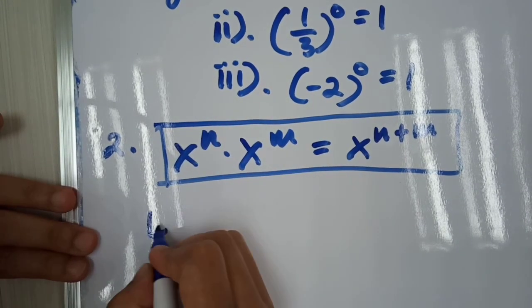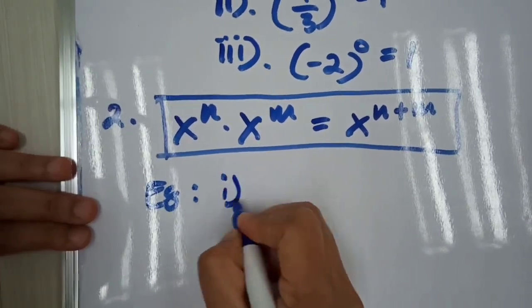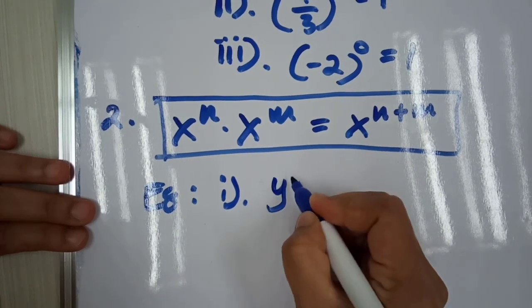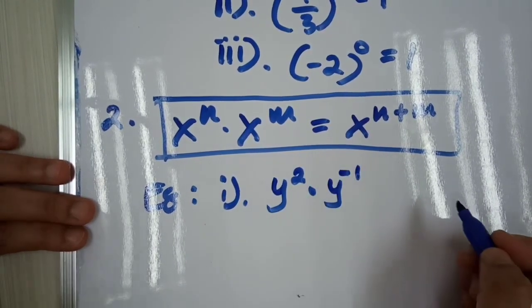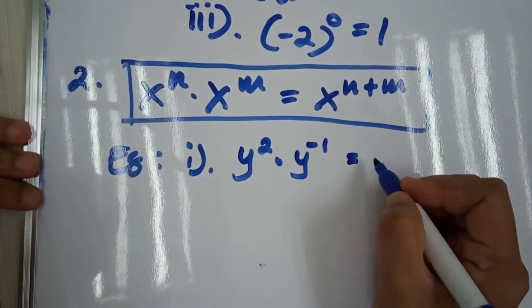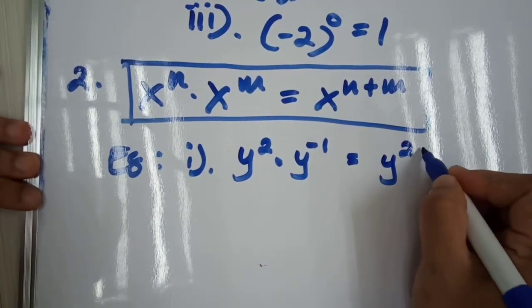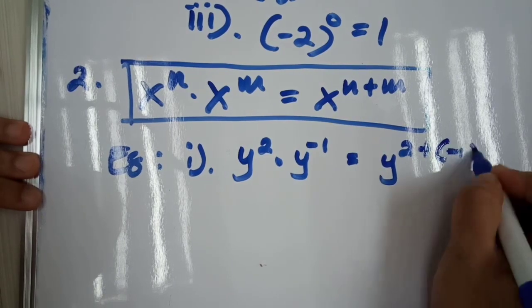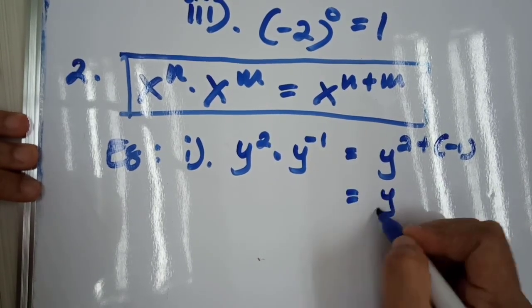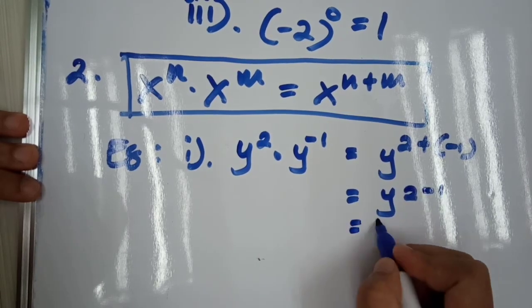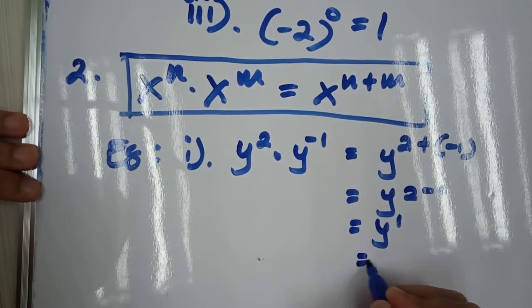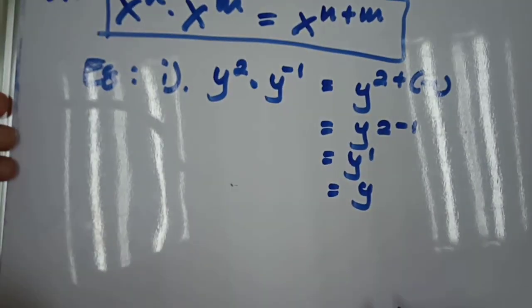Example: when you have y power of 2 multiply y power of negative 1, we add the powers, 2 plus negative 1, so we get 2 minus 1, so y power of 1 equals y.